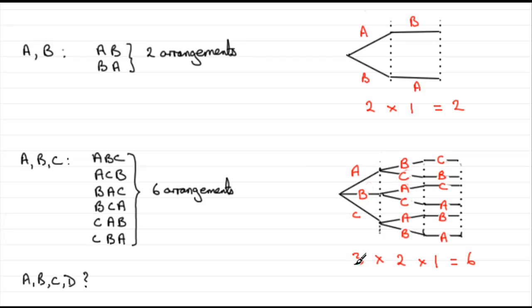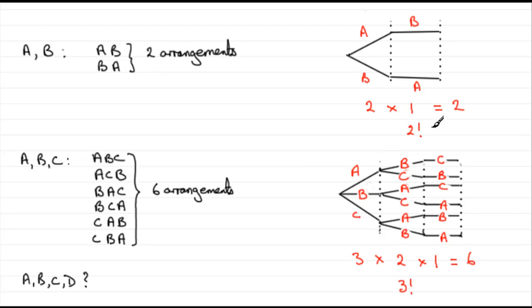Now when we do multiplication like this, 3 times 2 times 1 or 2 times 1, we often call it a factorial. A short way of writing 3 times 2 times 1 is called 3 factorial. A short way of writing 2 times 1 is called 2 factorial.